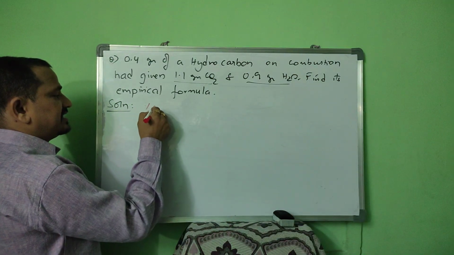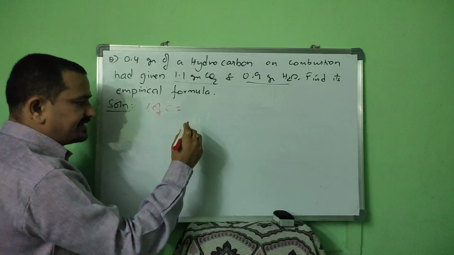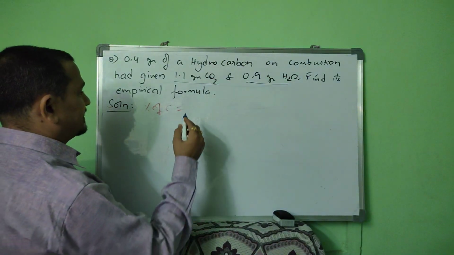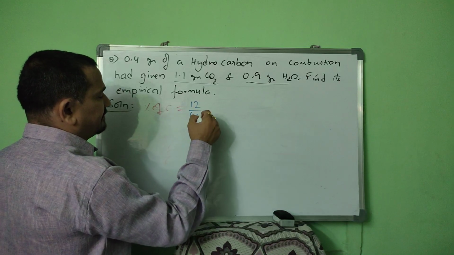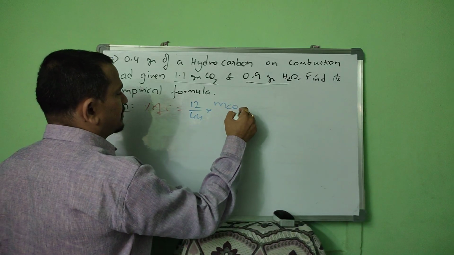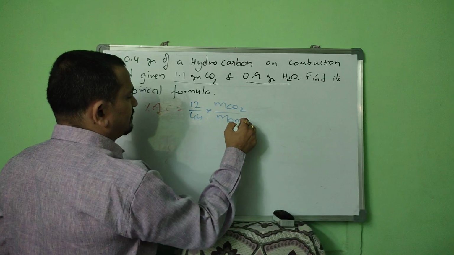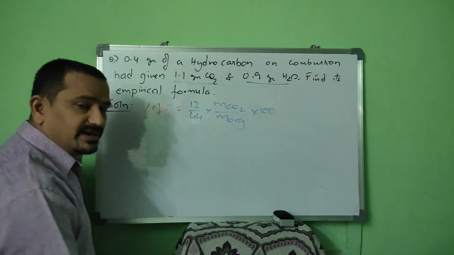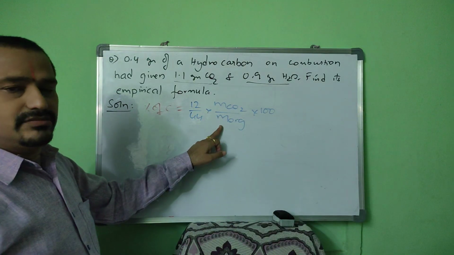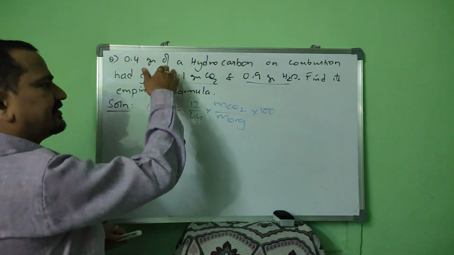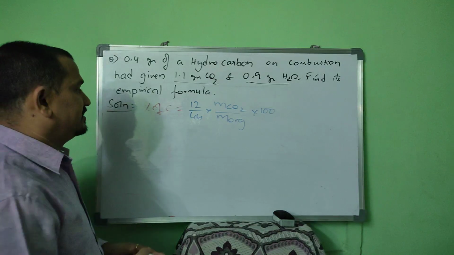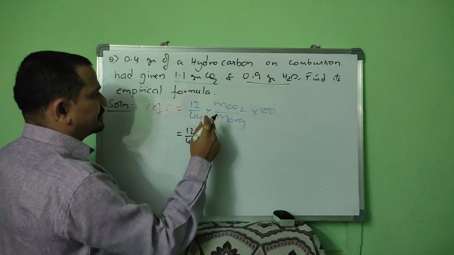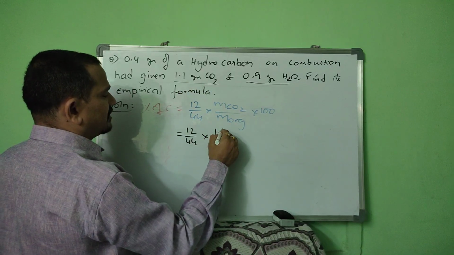Like, what's the relation? Percentage of carbon can be calculated as 12 out of 44 into mass of CO2 out of mass of organic compound into 100. 12 out of 44 into mass of CO2 by mass of organic compound or hydrocarbon, whatever it is, into 100. So 12 out of 44 into, what is the mass of CO2 given? 1.1.